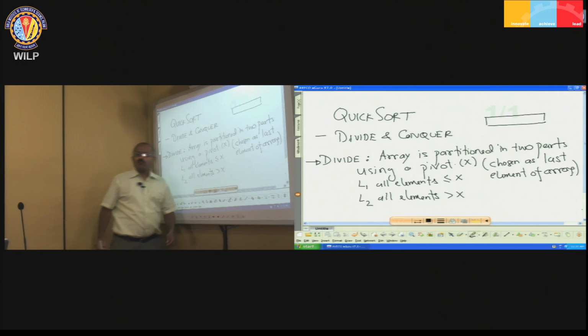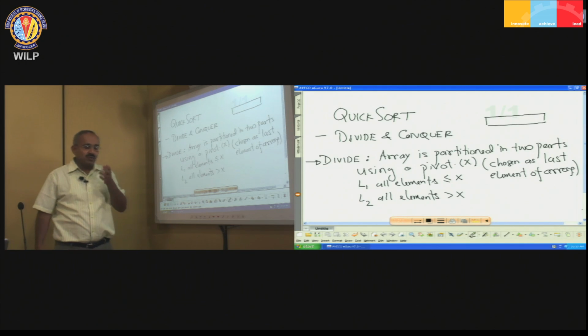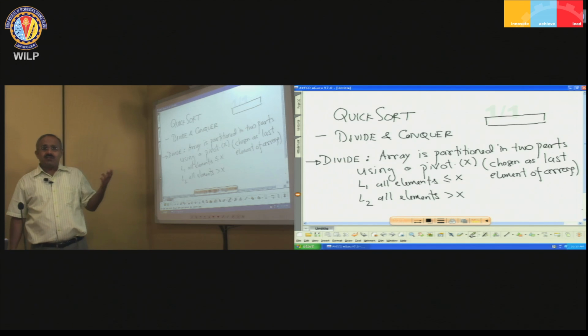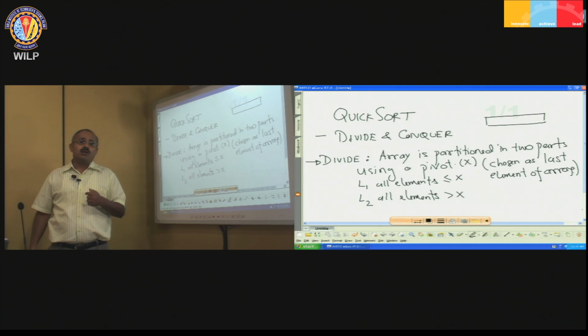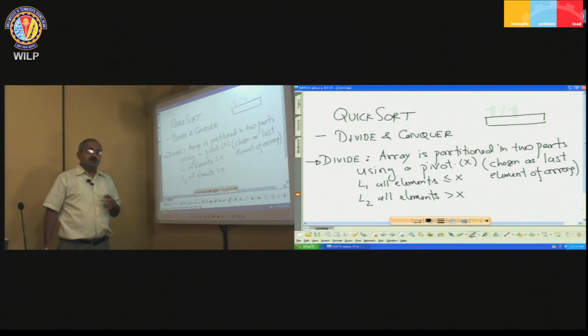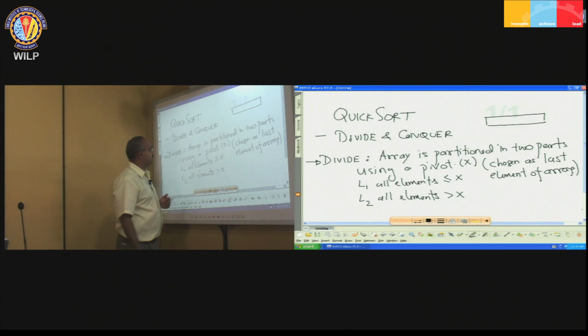It could be the last element or the first element, depending upon the choice. It can be proved that the analysis is independent of which element you choose as a pivot. It can even be a random element. Whether you choose the first, last, middle or any random element, the final analysis does not really matter. We are going to choose always the last element of the array as a pivot.